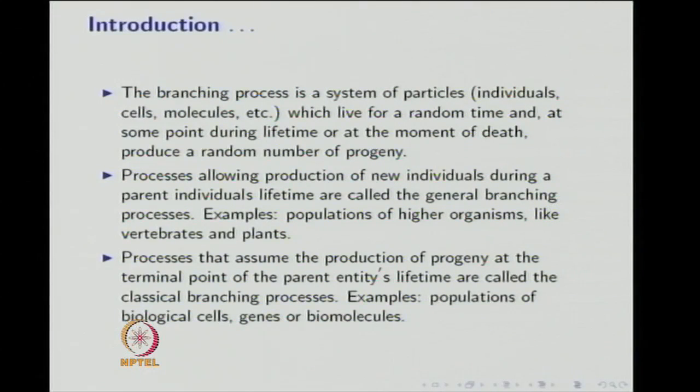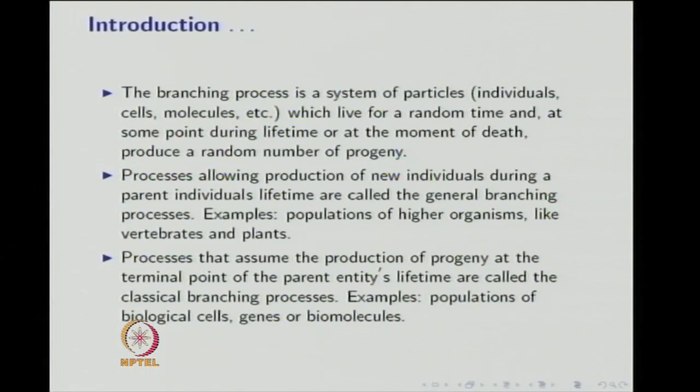Processes allowing production of new individuals during a parent individual's lifetime are called the general branching processes. Examples: populations of higher organisms like vertebrates and plants.